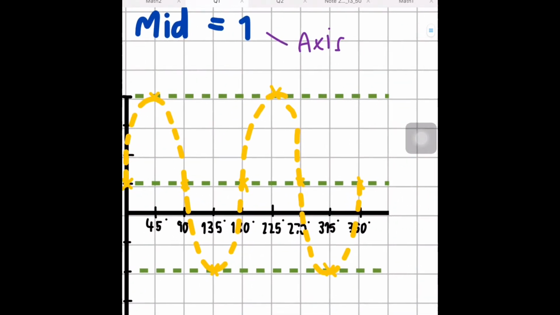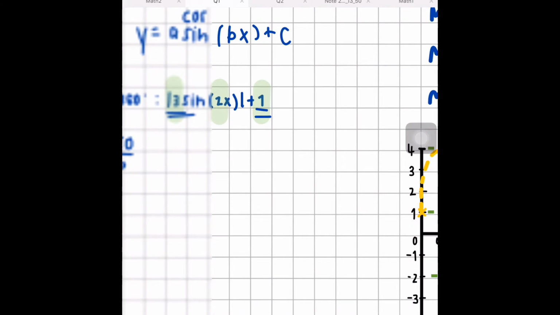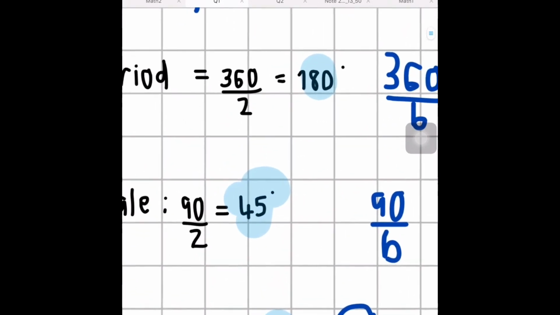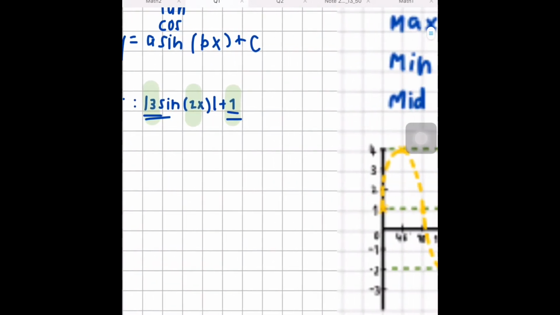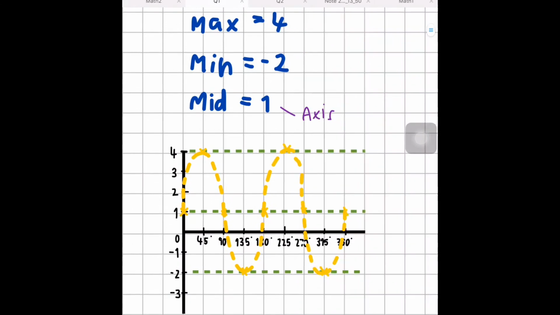First, we will plot the scale. Our scale is 45, so we will plot the graph by 45 until it reaches 360. After that, we'll start to plot the graph.